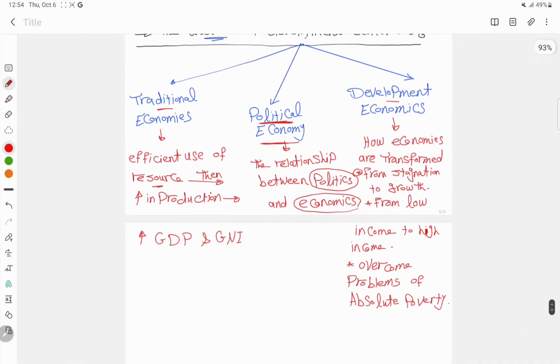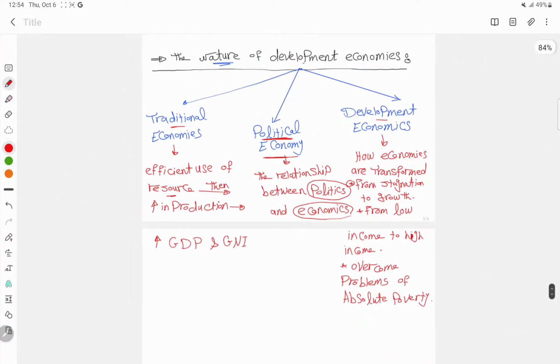So, the nature of development economies. Number 1, traditional economics, which means efficient use of resources, then increasing production and increasing GDP and GNI. Political economy is the relationship between politics and economics.